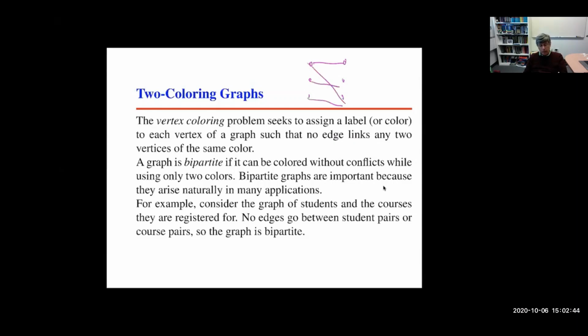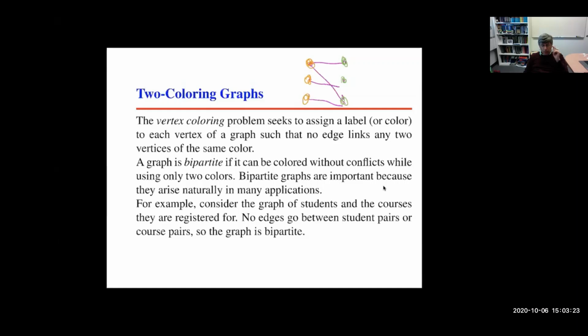So there are left colored vertices, which I'm going to make orange, and right colored vertices, which I'm making green. So long as every edge touches two different colors, then we say the graph is bipartite. Two coloring is the problem of trying to color the vertices so that for every edge, the two endpoints are of different colors.